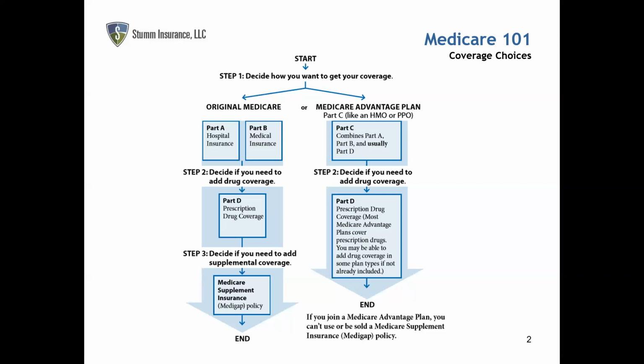So nothing gets processed through Medicare per se. It's all processed through the insurance company. So in my mind, it's like what you described. I'm going to get my Medicare card and then I'm either going to get a supplement or I'm going to pick a Medicare Advantage plan. Got it.